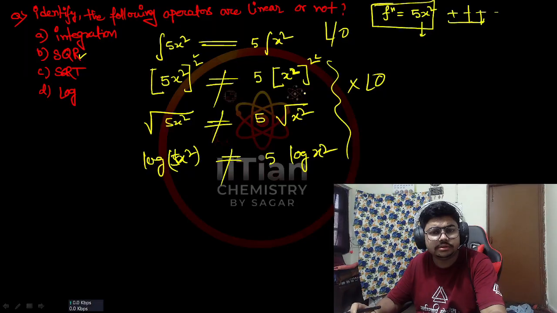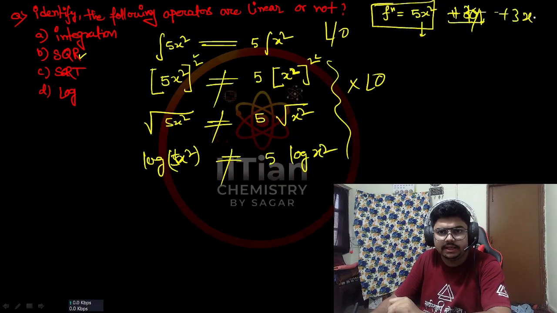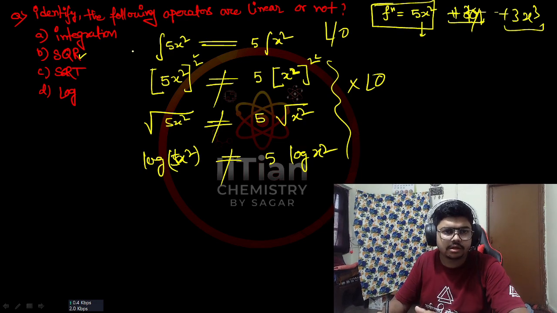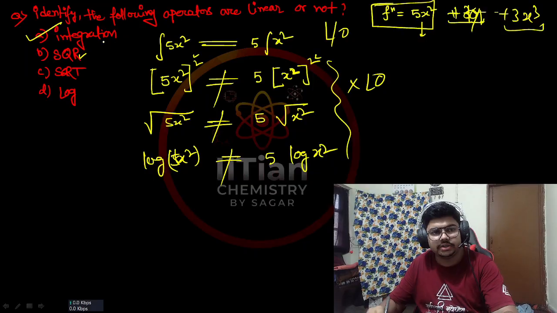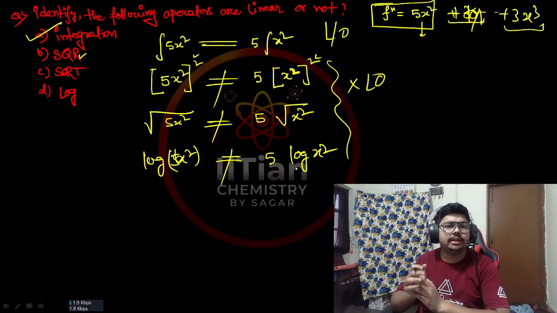Clear how we identify an operator as linear or not? If this does not satisfy, then obviously if we take 3y plus 3x cubed, something like that, you will get the same result. So integration is a linear operator. Similarly, differentiation is also a linear operator, but square root and log are not linear operators.